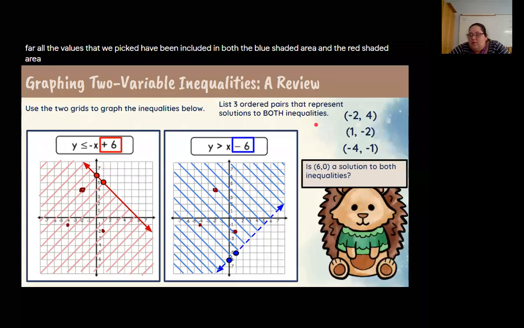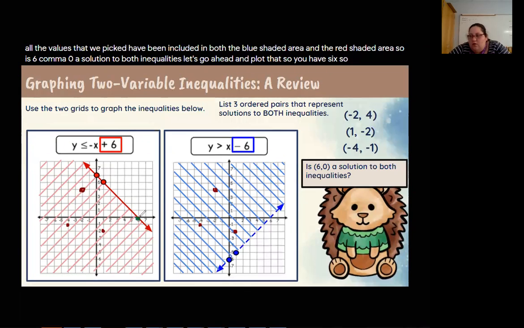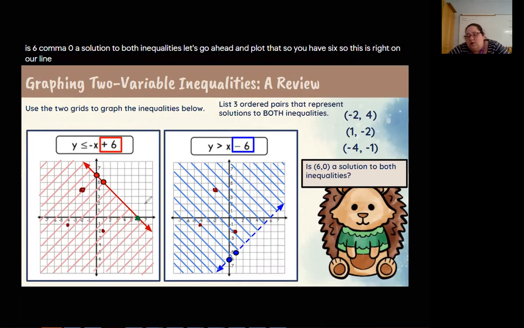So is (6, 0) a solution to both inequalities? Let's go ahead and plot that. So we have (6, 0). This is right on our line. Because it's on our line, it is going to be included because this one has the equal to sign and we have a solid line.